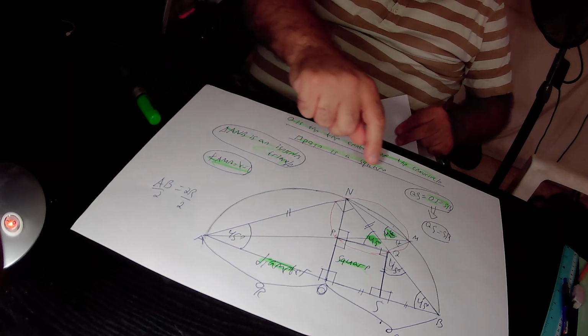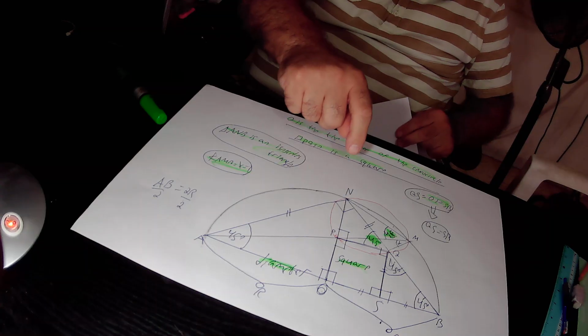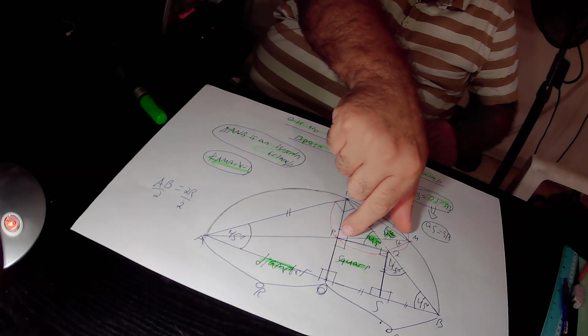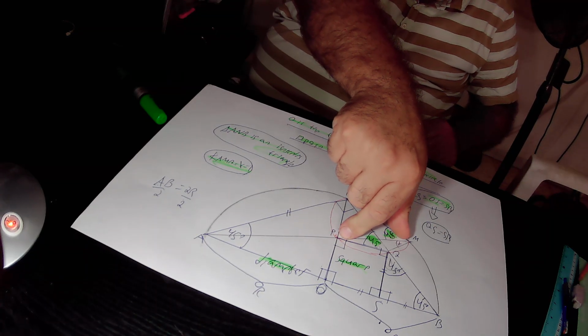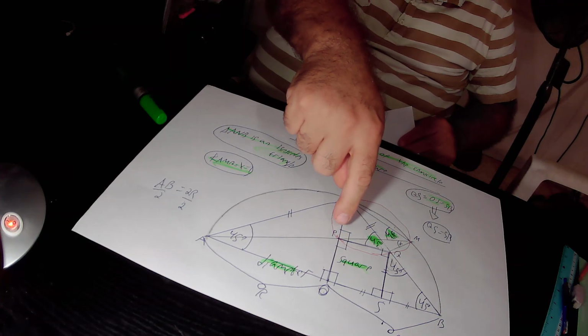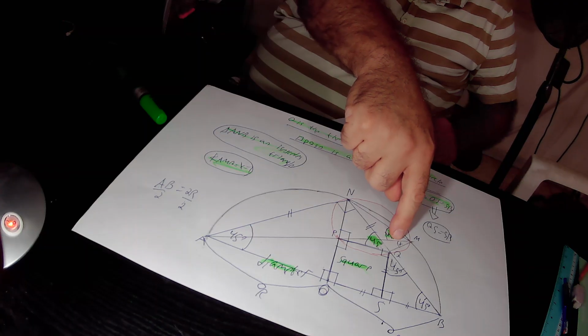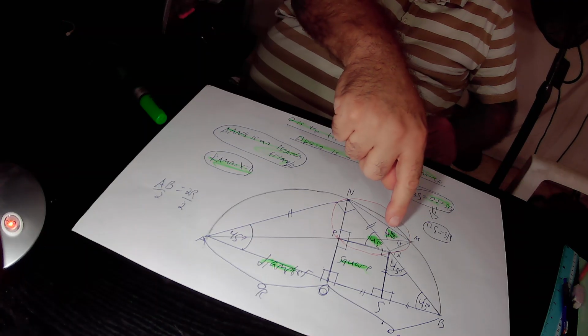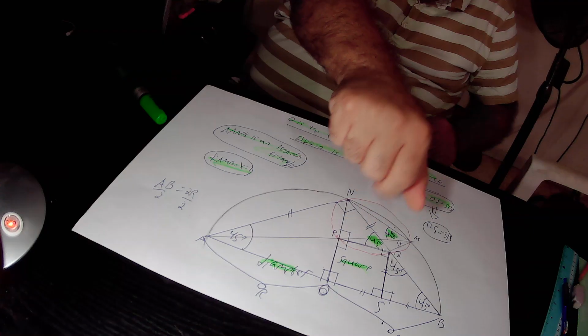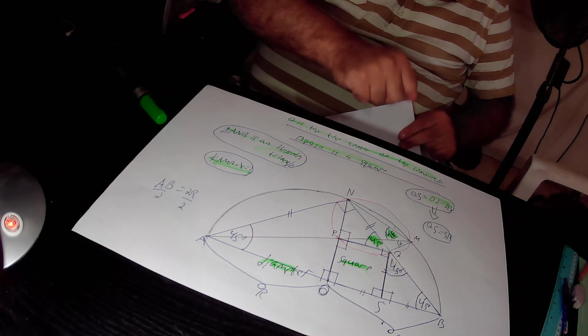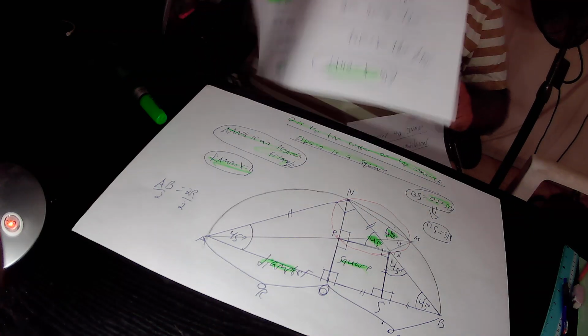So in quadrangle NMQP, the sum of those two opposite angles must be equal to 180 degrees. So this is angle NPQ, that is the right angle, plus this angle that is actually angle NMQ. In total, the sum of those two opposite angles must be equal to 180 degrees according to the rule that I mentioned.